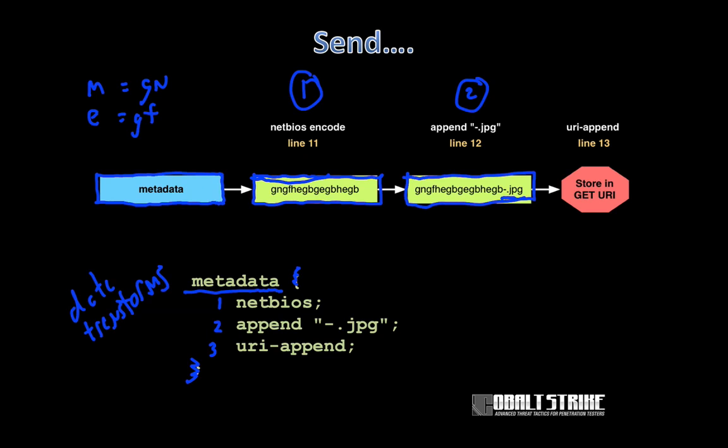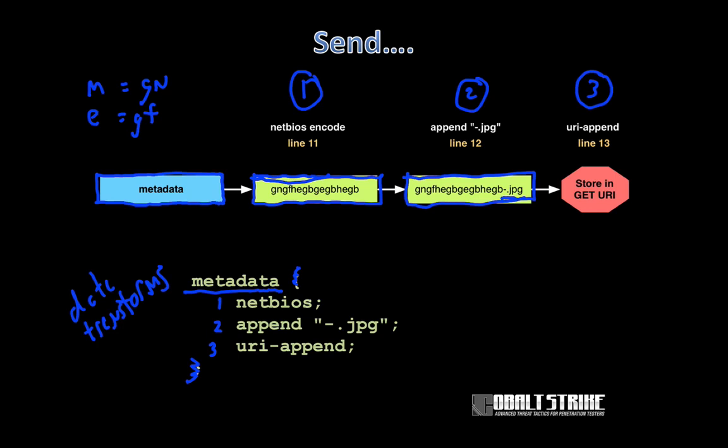The final step is URI append, and in the data transform language that is called a termination statement. What it does is describe where to store the metadata in our HTTP transaction. Different types of termination statements are available in different contexts.